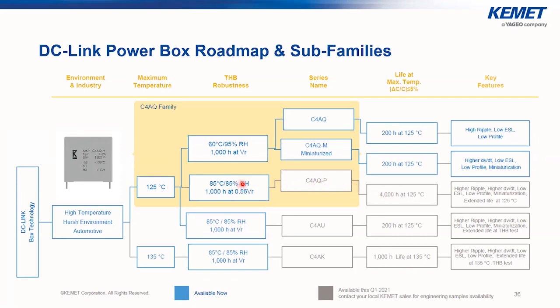Whereas for the same application, if the inverter is placed outside the compressor, you need to operate at high temperature for a long time and at the same time have the THB performance. In this case, probably the C4AK series would be the best solution for your application.